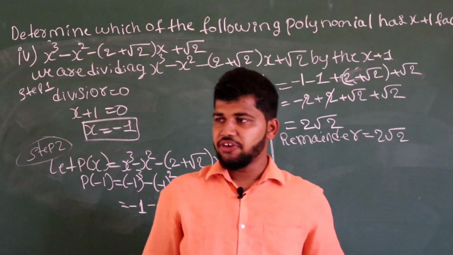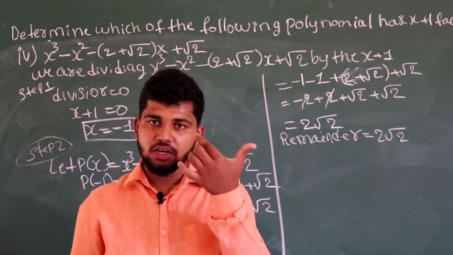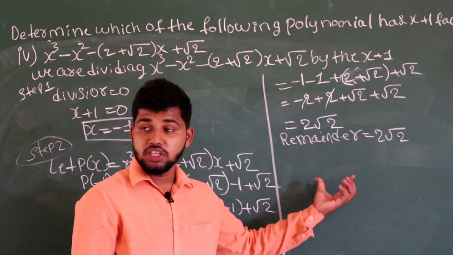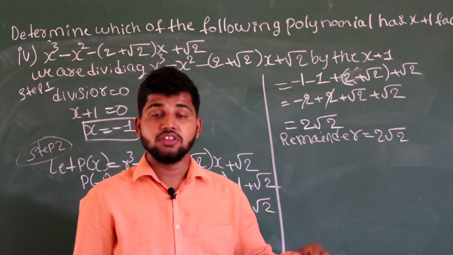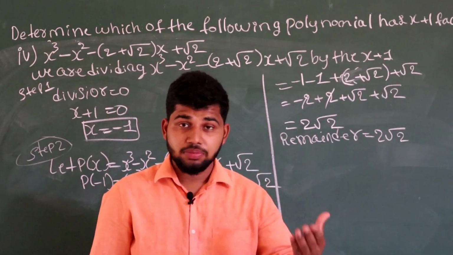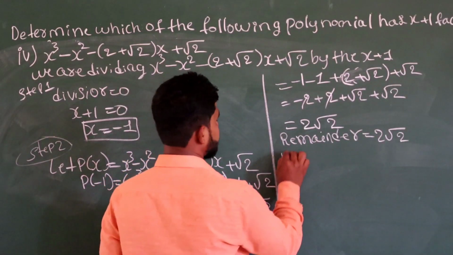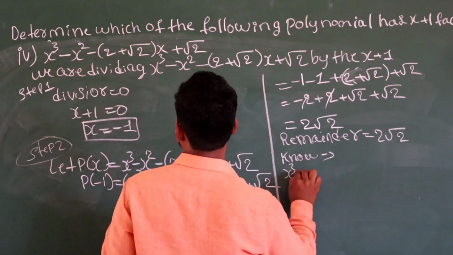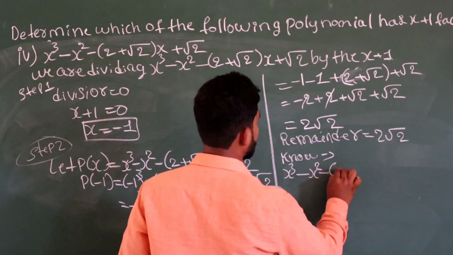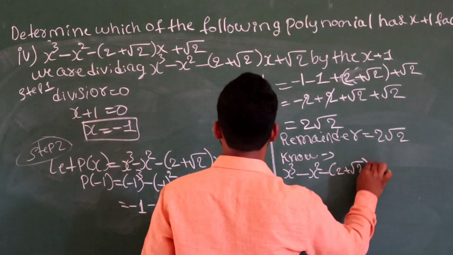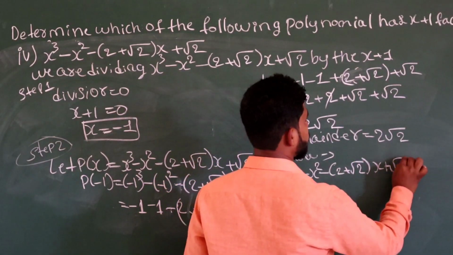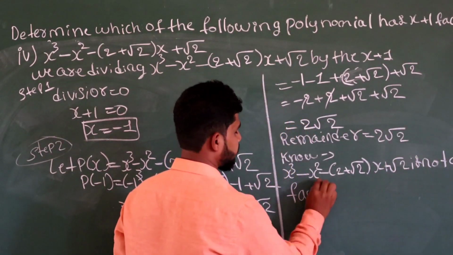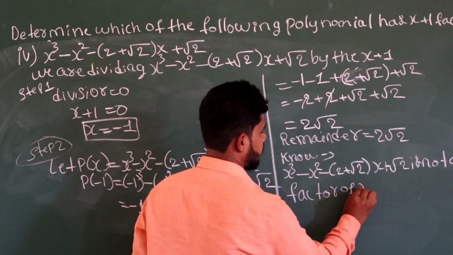Before, I said that if the remainder is exactly equal to 0, then it is a factor of x plus 1. What remainder did we get? We got the remainder 2 root 2. Then we can say that x cube minus x square minus (2 plus root 2) x plus root 2 is not a factor of x plus 1.